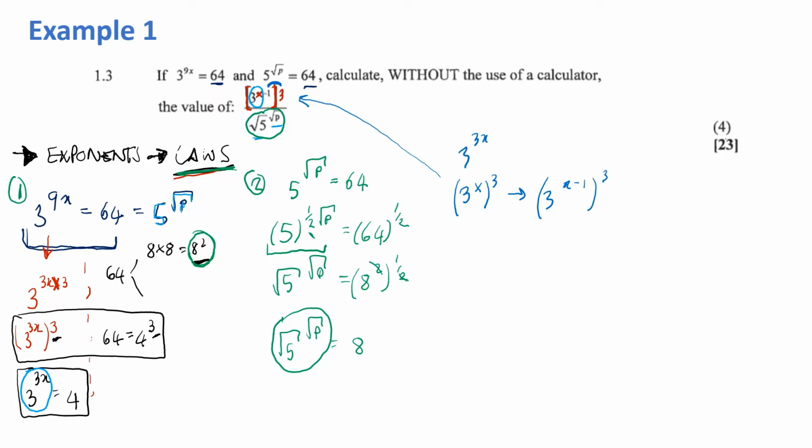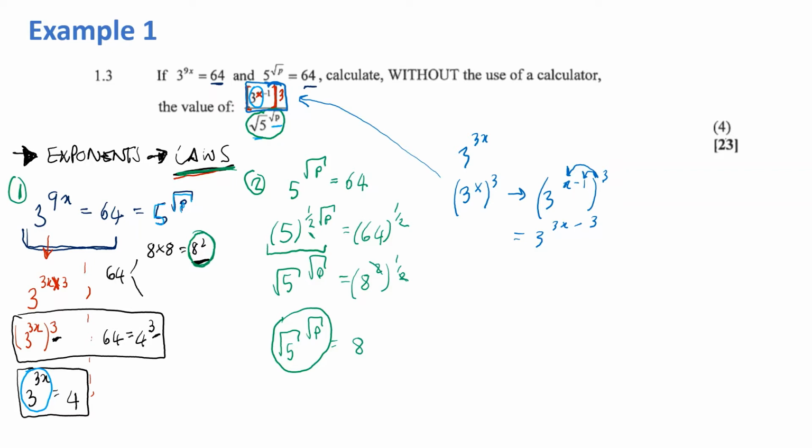That's correct. If I simplify this now, that equals 3 to the power of 3x minus 3. All I'm doing is multiplying that 3 with these two exponents over here. That's allowed. So if I multiply that 3 into this, I get that.